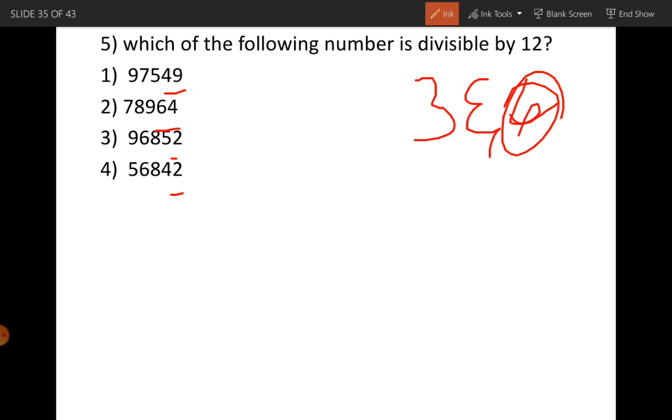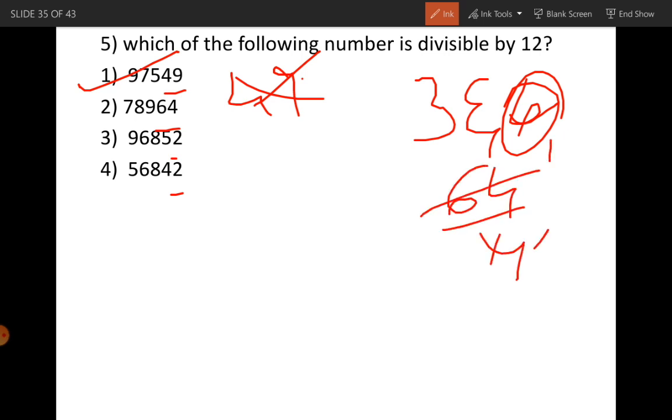For the first number, 49 is not divisible by 4, so we can exclude it. Like this, instead of testing all the numbers, we can simply do this. And 64 divided by 4 is 16, so it is divisible by 4.